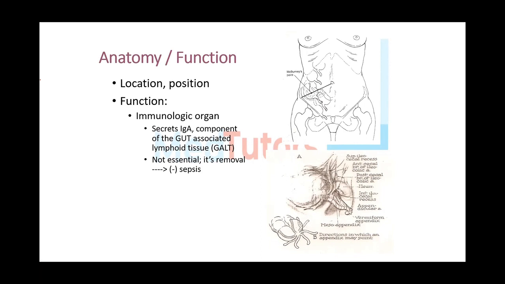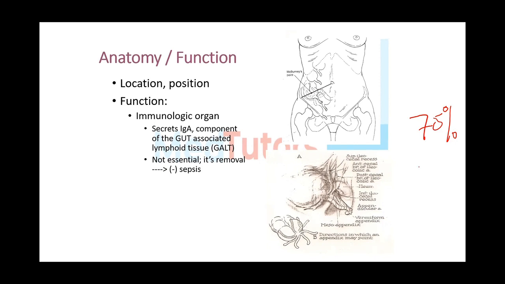Some are located retrocecally, some subcecally. You have preilial, postilial, paracecal, pelvic. But the majority, about 75% of the appendix, is retrocecal.